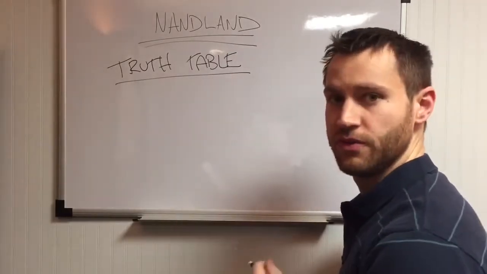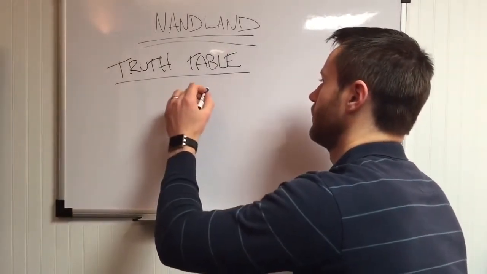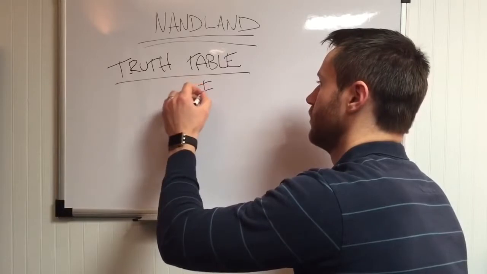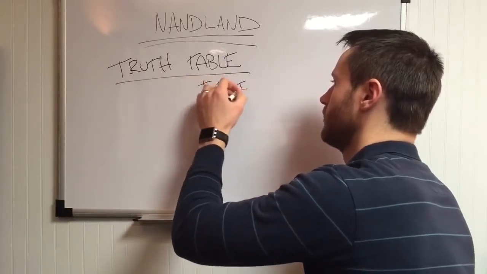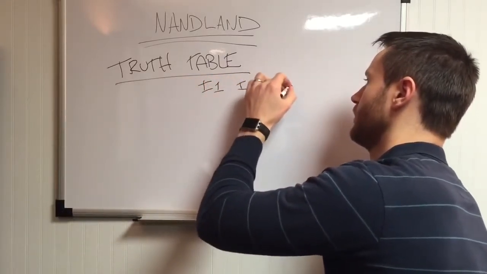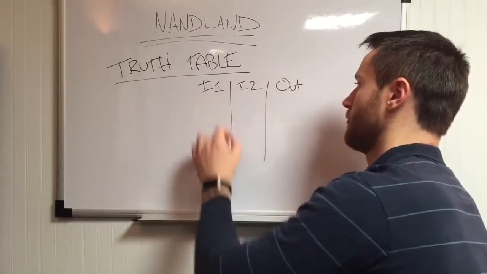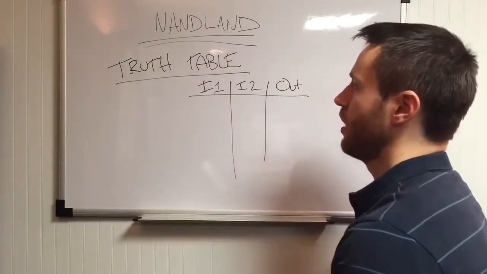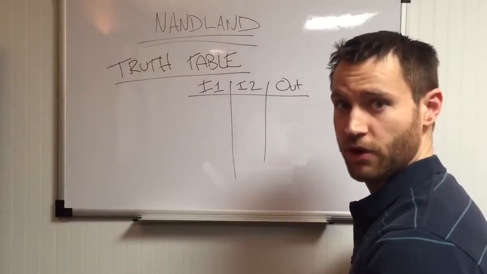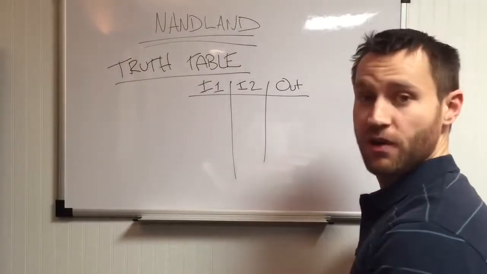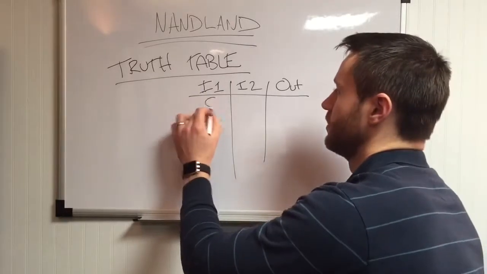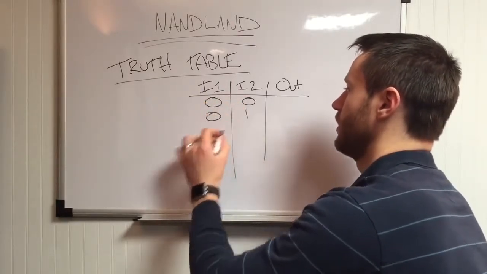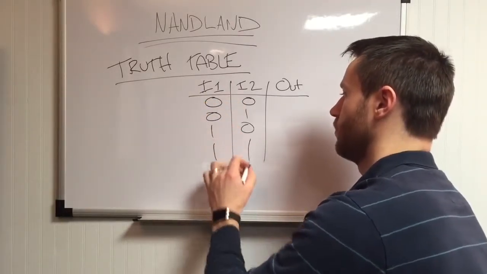So we can do a truth table for an OR gate. So it looks like this. Input 1, input 2, output. Now the combinations for your inputs are binary inputs, 0 and 1, true and false. And I'm going to go through each one of those options now. So this can be 0, 0, 0, 1, 1, 0, 1, 1.